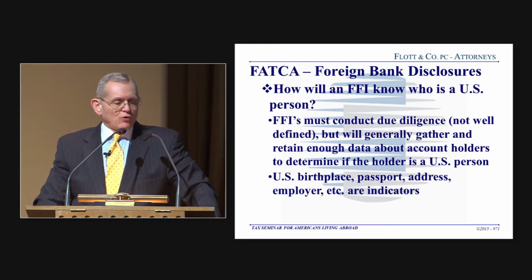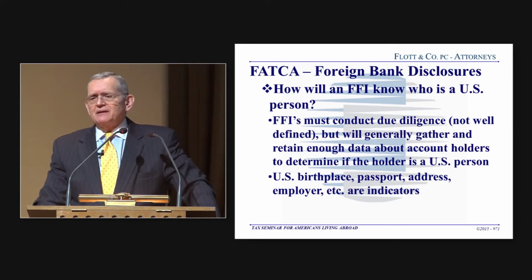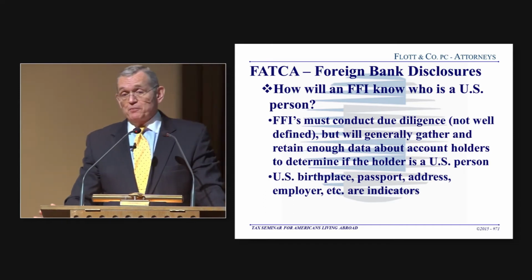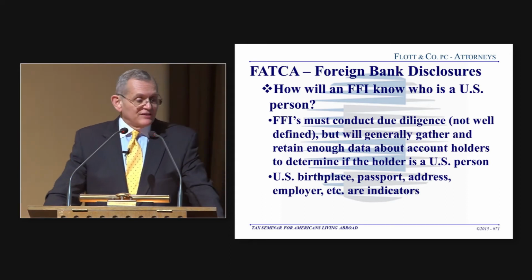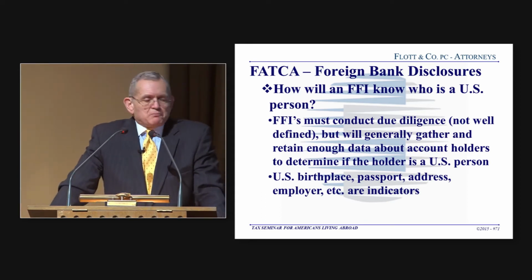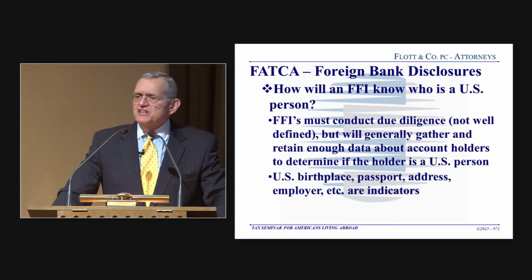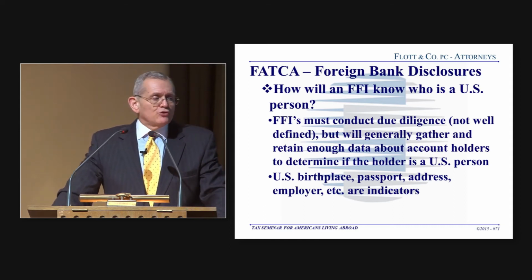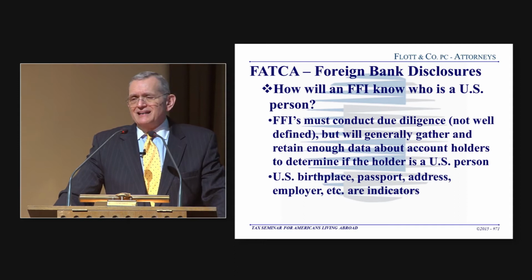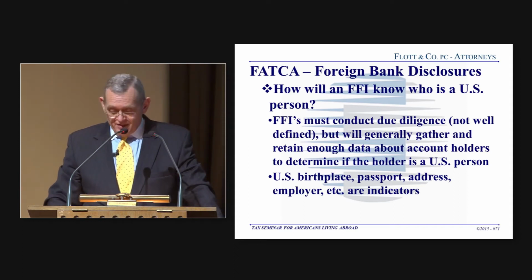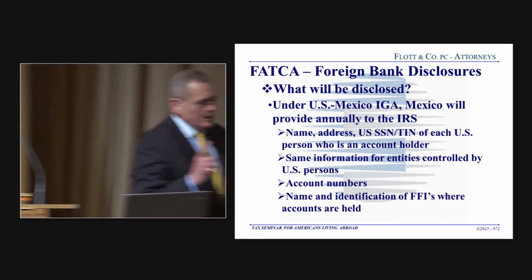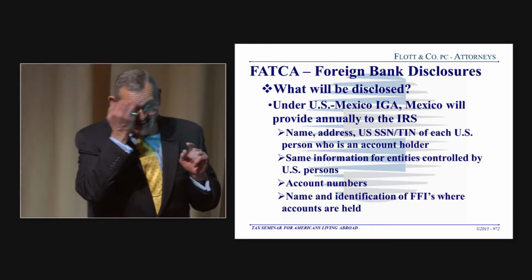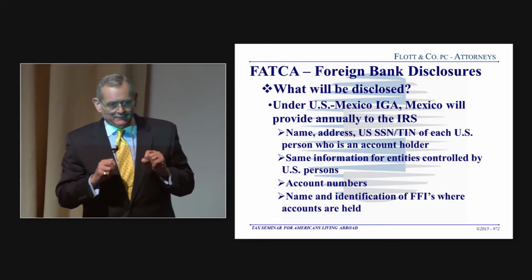And I'll get into those forms in just a second. But typically, the bank is going to look at U.S. birthplace, automatically a U.S. citizen. Driver's licenses, passports, addresses, employer. I mean, they're going to look for some indicators, and those will be their indication that you are a U.S. person, and therefore they're going to ask for one of those forms. Well, I want to talk about 2 forms, the W-9 and the W-8-BEN.